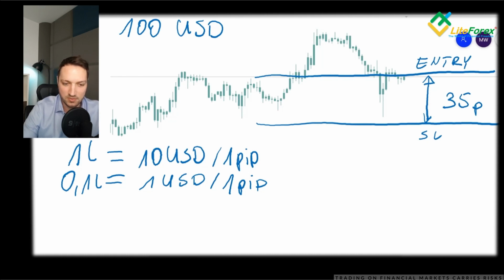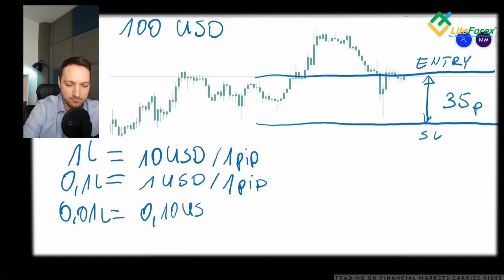Still too much, 35%. A 0.01 lot equals, you probably guessed it, 10 cents per 1 pip.